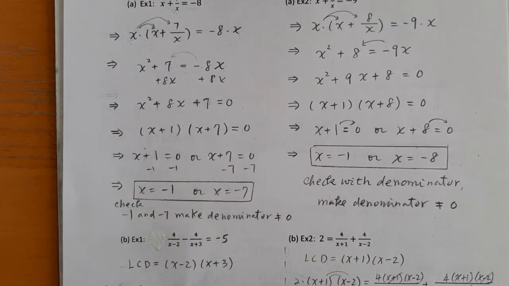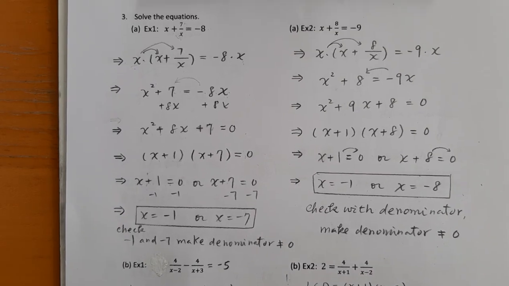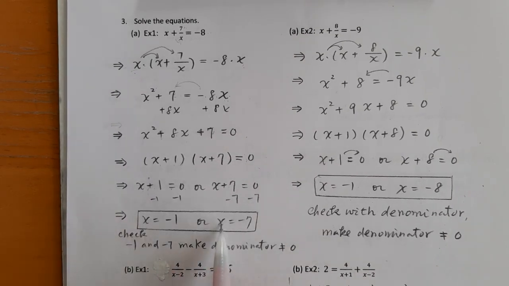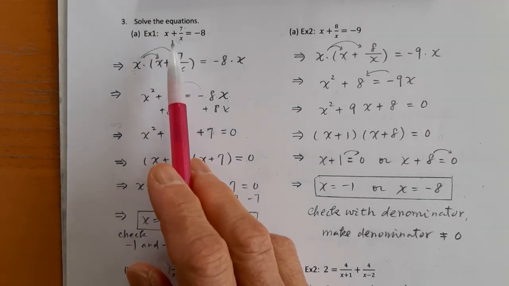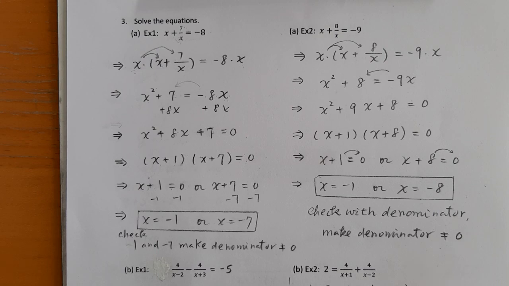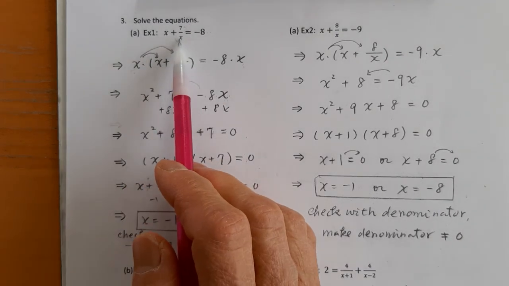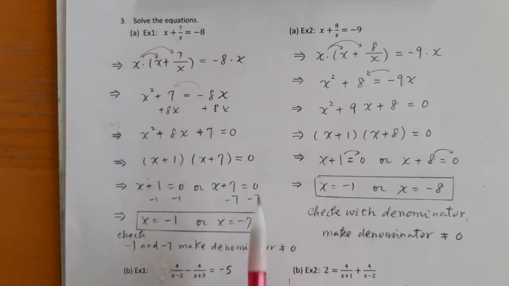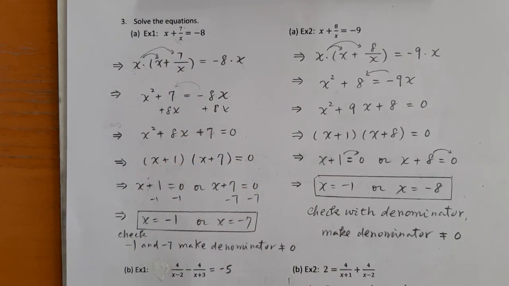And for a rational equation, when you get these answers for x, you always have to check with the denominator, because the denominator cannot be 0. Any number, like 7, divided by 0 is undefined. You cannot divide by 0.